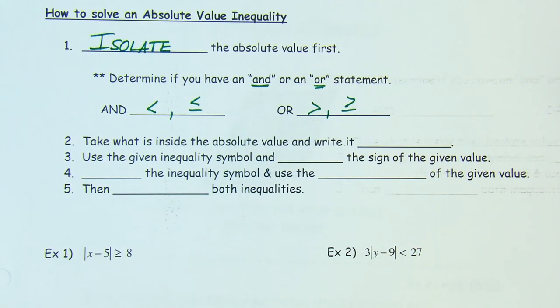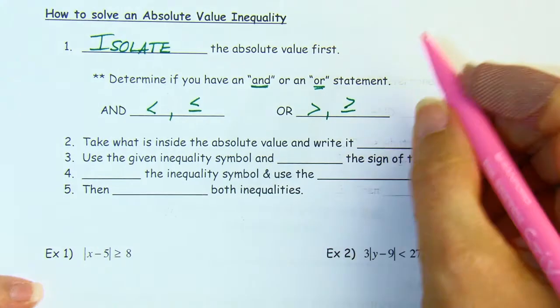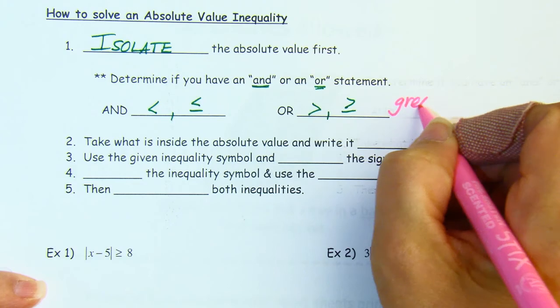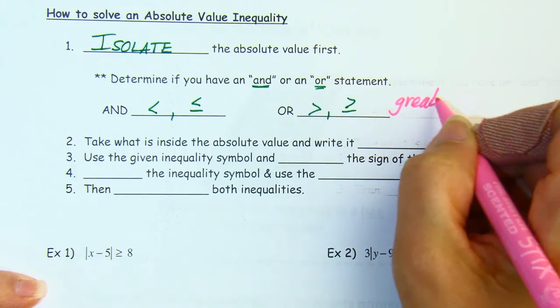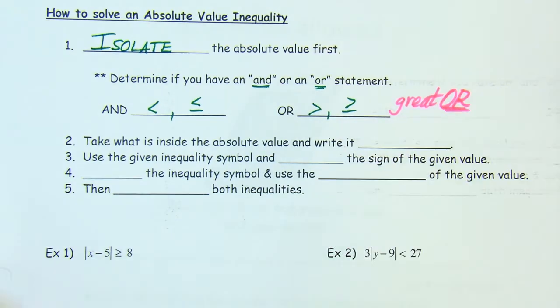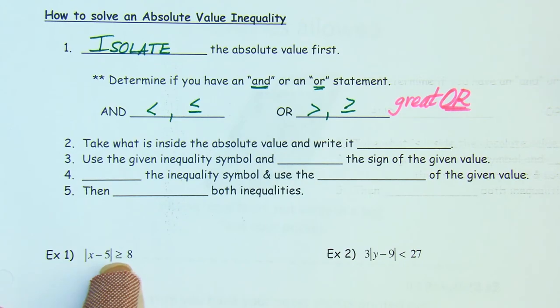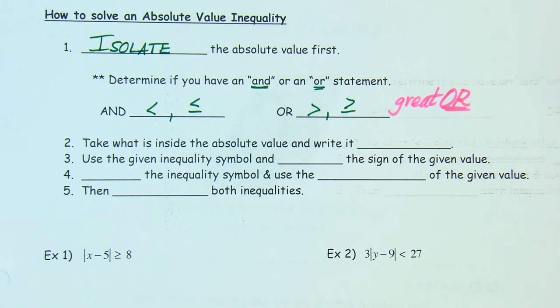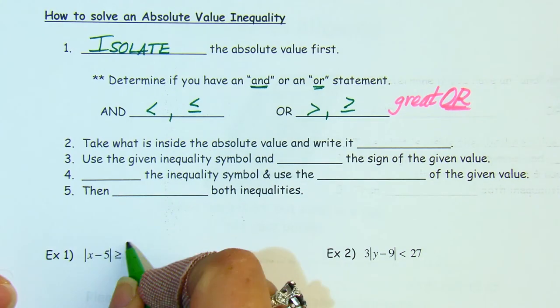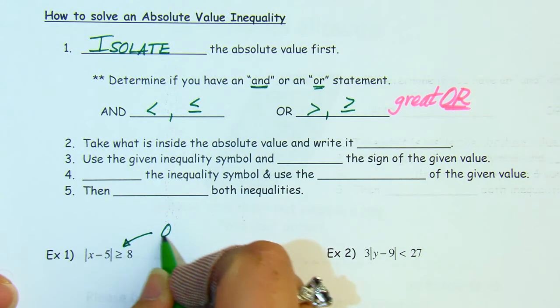And now a little clever way of remembering that the greater than is the or is to simply think of the word greater, spelled as greater. So when you're looking at these, like I'm looking at this problem here, the absolute value of x minus 5 is greater than or equal to 8.